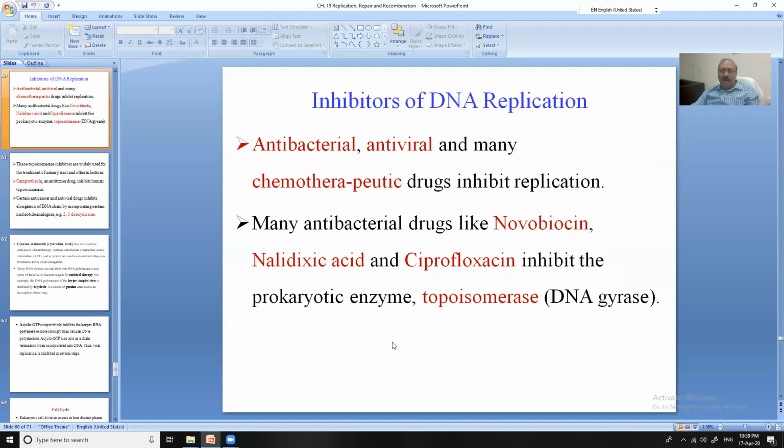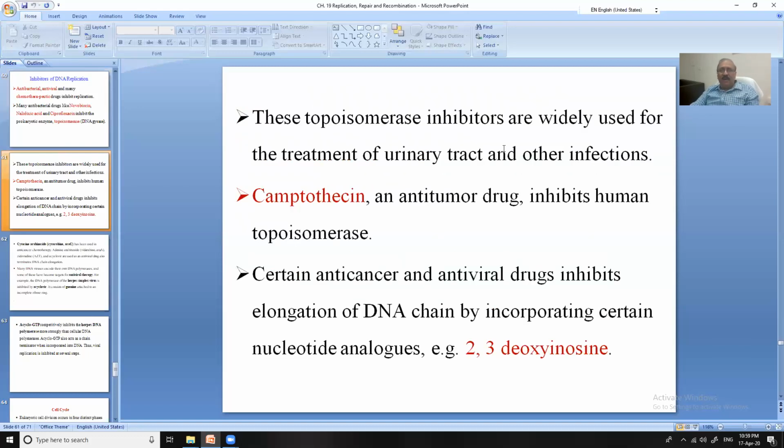They all act on topoisomerase DNA gyrase. Camptothecin, an anti-tumor drug, inhibits human topoisomerase.